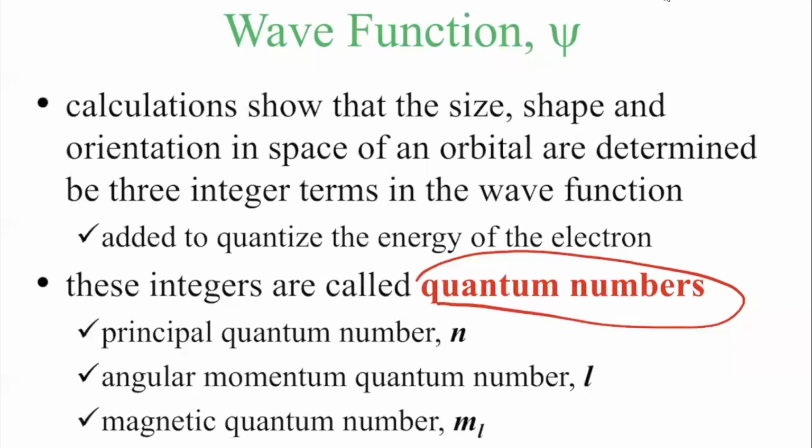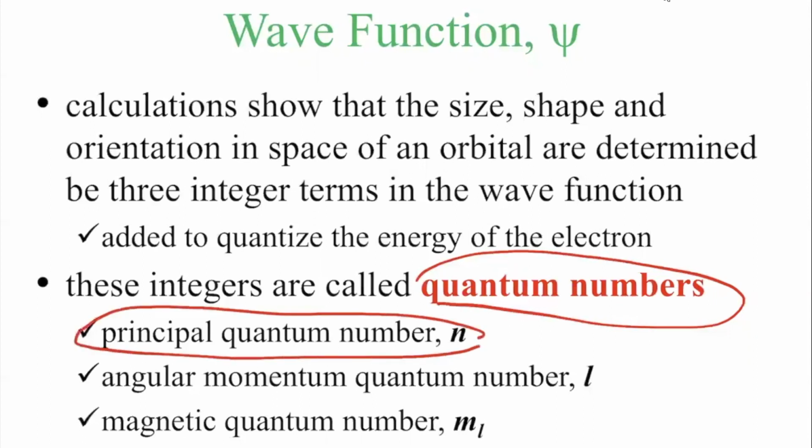You're going to have the size of the orbital, which is the principal quantum number n, the shape of the orbital, which is the angular momentum quantum number, and the magnetic quantum number ml, which is the orientation that the orbital is going to have. So we're going to be focusing on 3 quantum numbers.